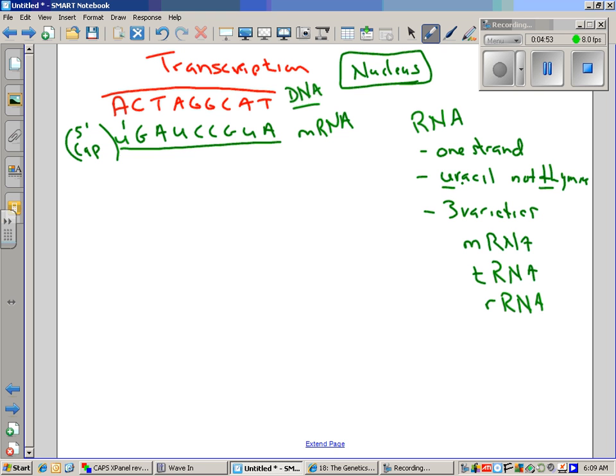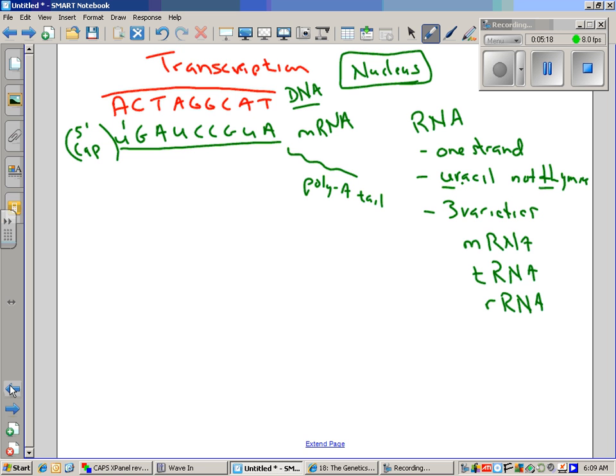The cell attaches a little sort of protective hat, if you will. The cell also adds what's called a poly A tail, a multiple adenine tail. Not sure why it does that, but it does that as it leaves the nucleus. So the RNA leaves the nucleus.